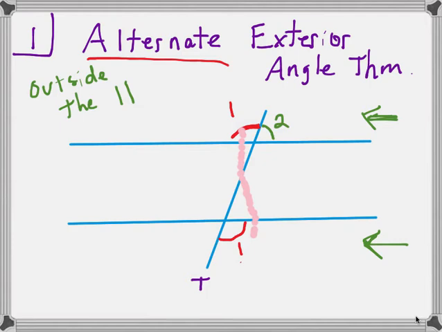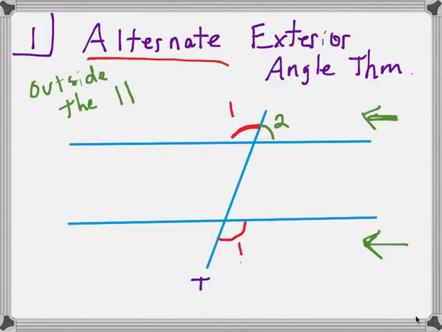Those two angles are congruent. And vice versa, if I wanted angle 2 and wanted to find another angle congruent to it on the other parallel line, go across the transversal like I did here and get outside. That's what exterior means, outside. This angle right here will be congruent to this angle. So that's the alternate exterior angle theorem.